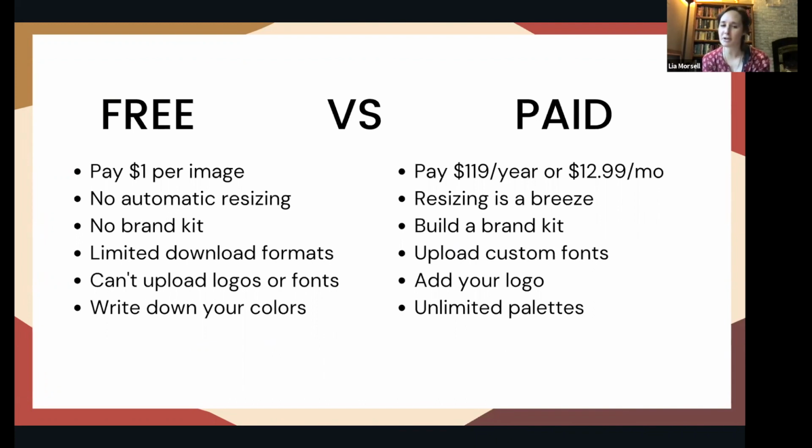It limits some of your download formats, but you probably won't notice that unless you're at the point for your business where you maybe want to get the paid version because you are using Canva almost kind of like your graphic designer. You can't upload logos or custom fonts, and you have to write down your colors. Other than that, you can pretty much do anything you need to do in the free version.